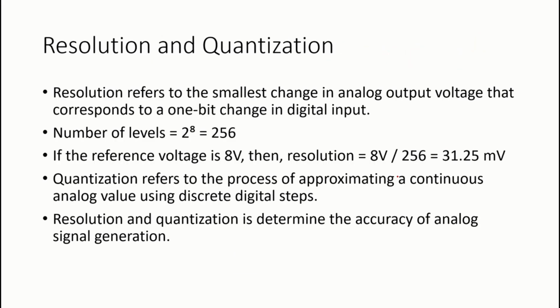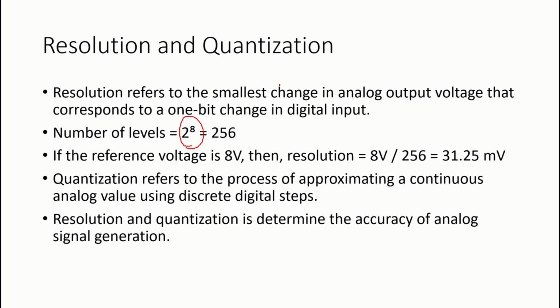So now we'll look at what resolution and quantization mean. Resolution means the smallest change in analog output voltage, which corresponds to changing a single bit in the digital input. So since we have an 8-bit microprocessor, we have 8 bits that can be used at one time.